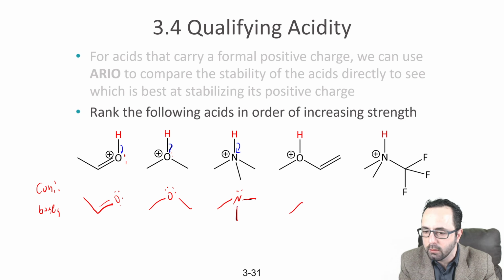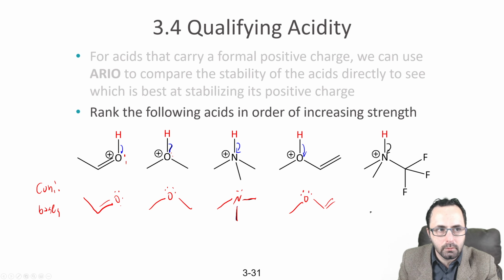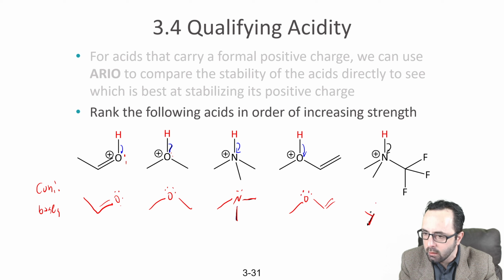This oxygen here, again, if it loses this plus, it's got 2 bonds and 2 lone pairs. And finally, this nitrogen here, again, these electrons will become a lone pair. So there'll be 1 lone pair now and 3 bonds.